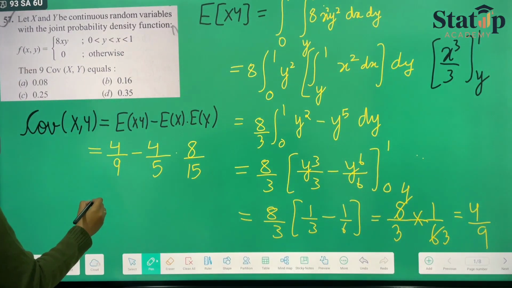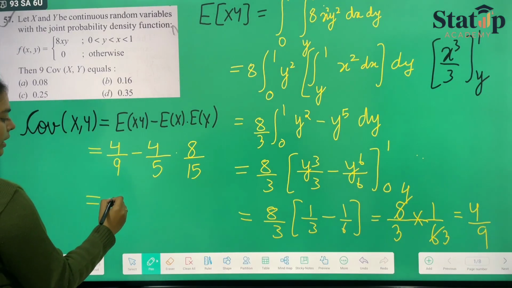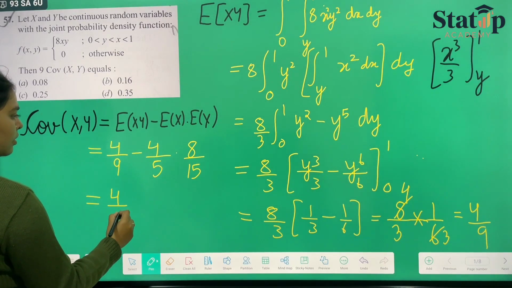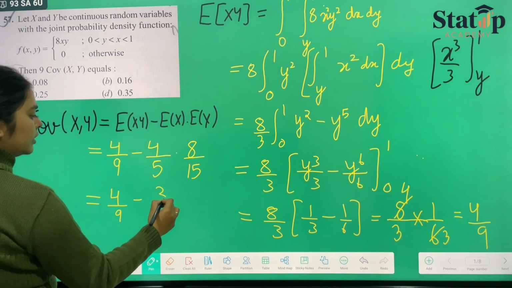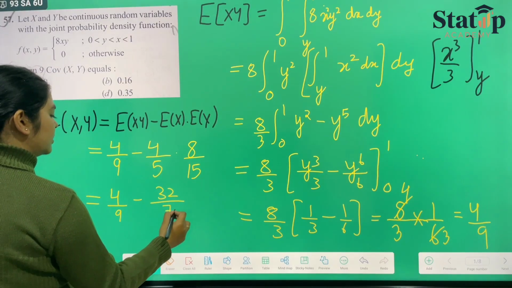And hence it is nothing but 4 by 9 minus 4 8s are 32 upon 15 5s are 75.